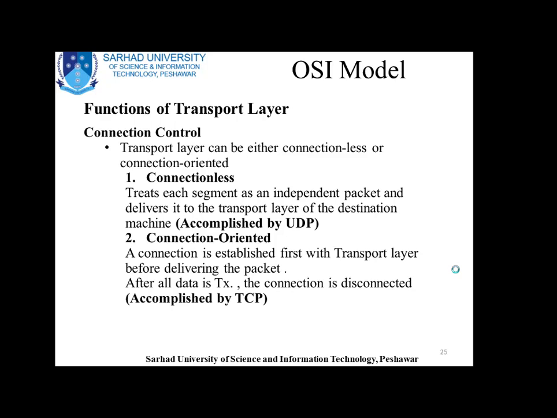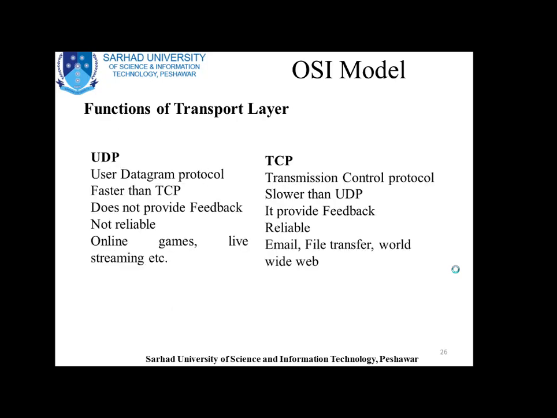In connection oriented, the transmitter has to dedicate a specific path towards the receiver, so all the communication goes through the same path. In connectionless service, it is possible that one packet goes from one route and another packet goes from another route. This is the difference between connectionless and connection oriented.